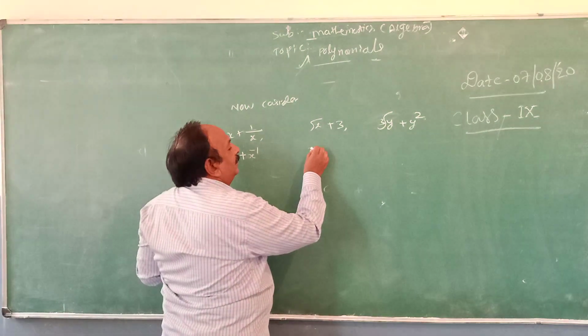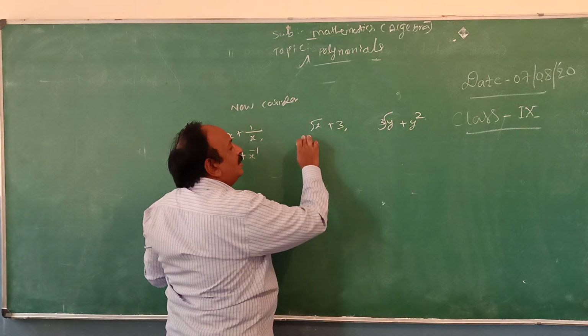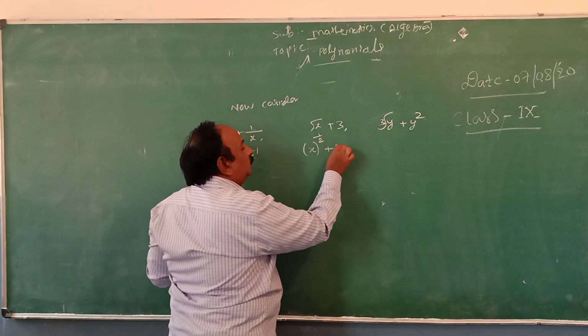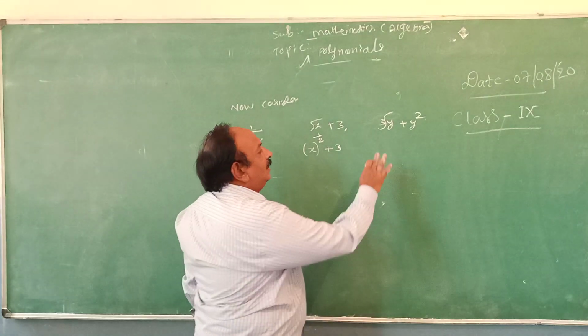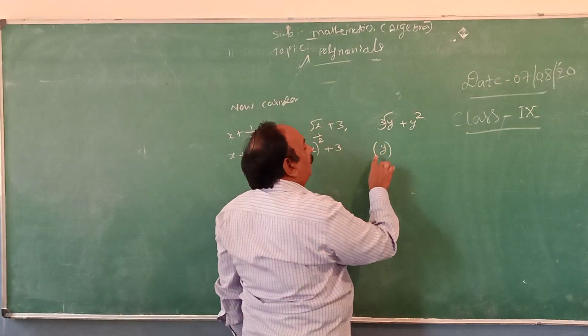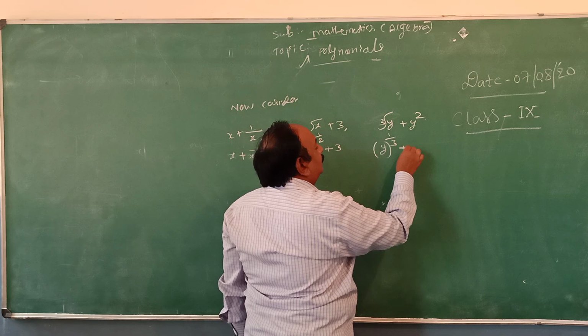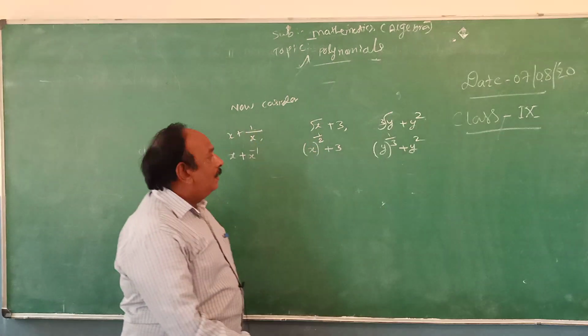Then this can be written in exponential form as x to the power of 1 by 2 plus 3, and y to the power of 1 by 3 plus y square.